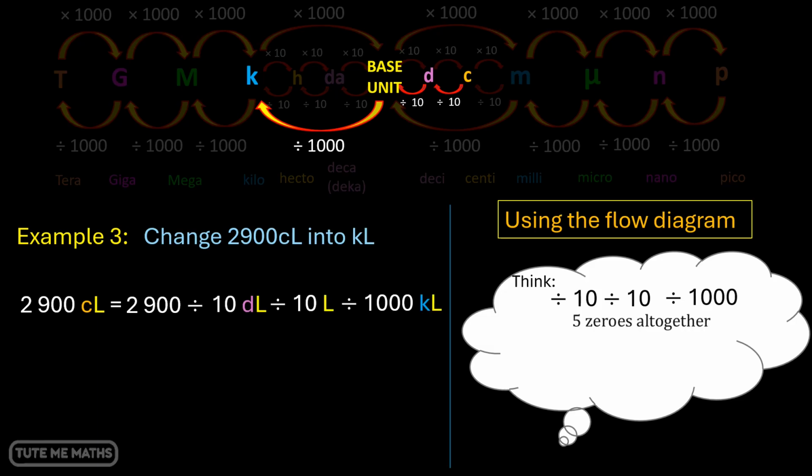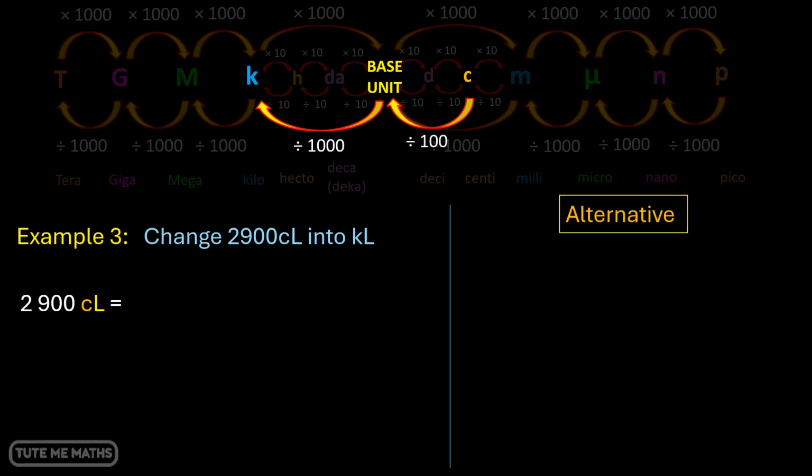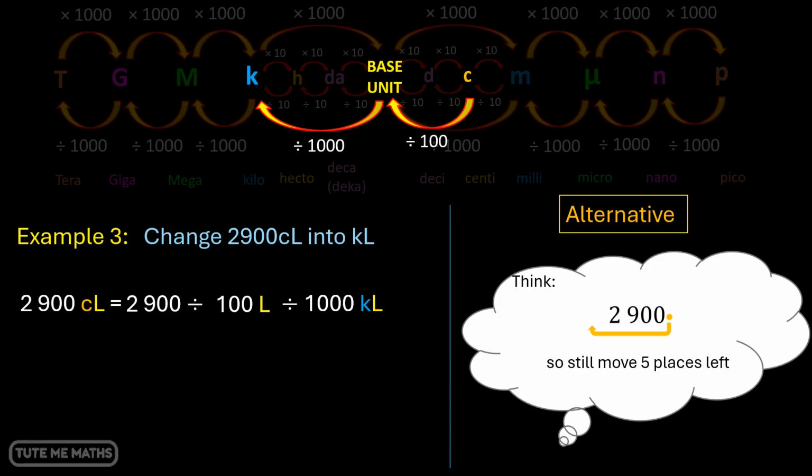There are 5 of them, so I need to move the decimal point 5 places left, remembering to write in zeros in any empty spaces. Alternatively, combining the factors for centi and deci, or knowing that centi means 1/100th, we could have divided by 100 first to get to litres, and then 1,000 to get to kilolitres. It's still 5 places to move the decimal point.